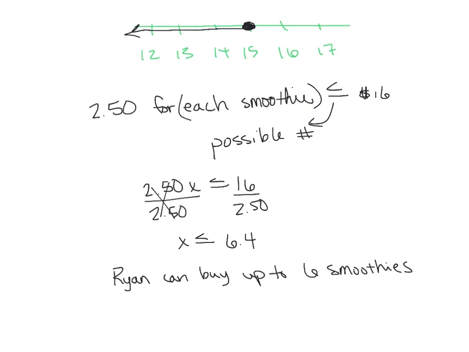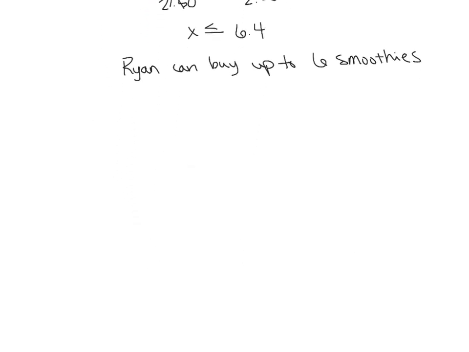So let's look at a problem like this. We got 2.4 is less than or equal to negative m over 3. Okay, the first thing I'm going to do is rewrite that as 2.4 is less than or equal to negative 1/3 m.